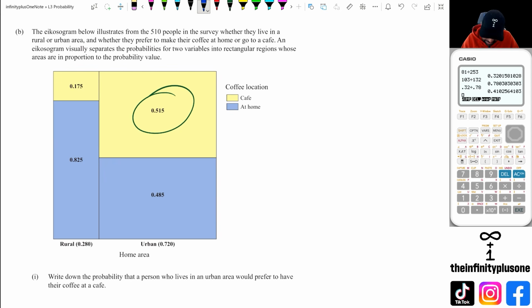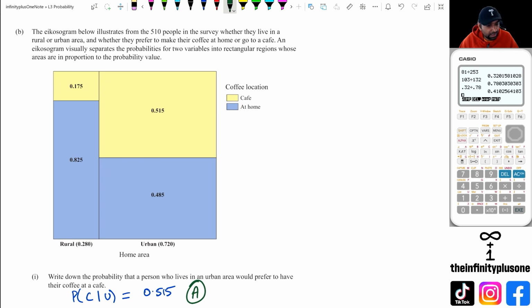So you can write the probability of coffee given that they're in urban is 0.515. Grades wise, that's a straightforward achieved question.